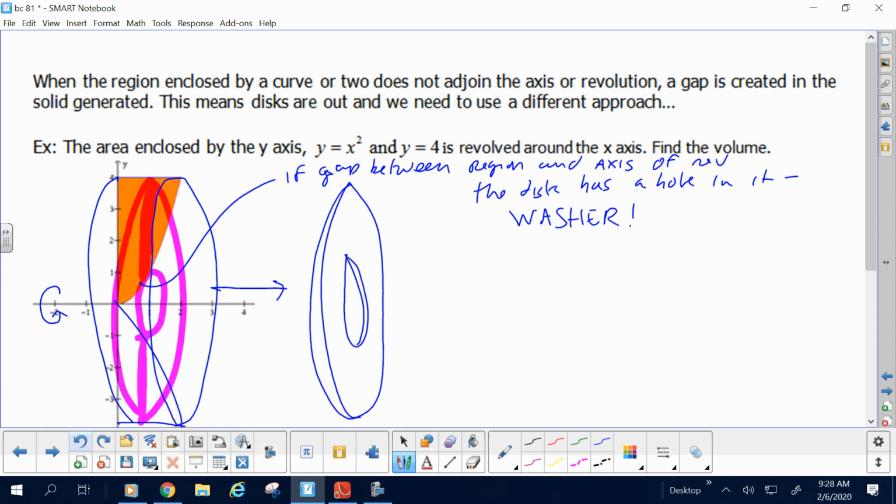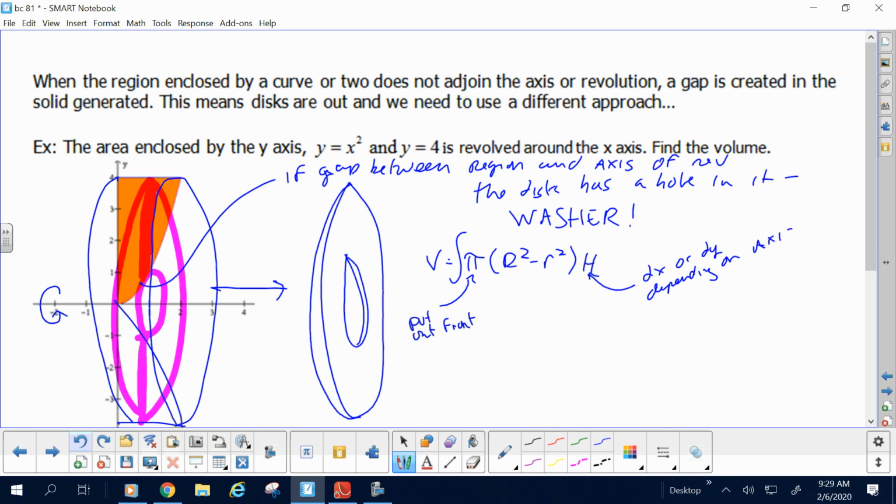All right, so we're still going to find an infinite sum of these bad boys. It's going to be the sum of infinitely many pi big R squared minus little r squared for the area of the base times the height, yeah? Now pi, you can always put pi out front. It is a constant after all. And h is always dx or dy depending on the axis of revolution.